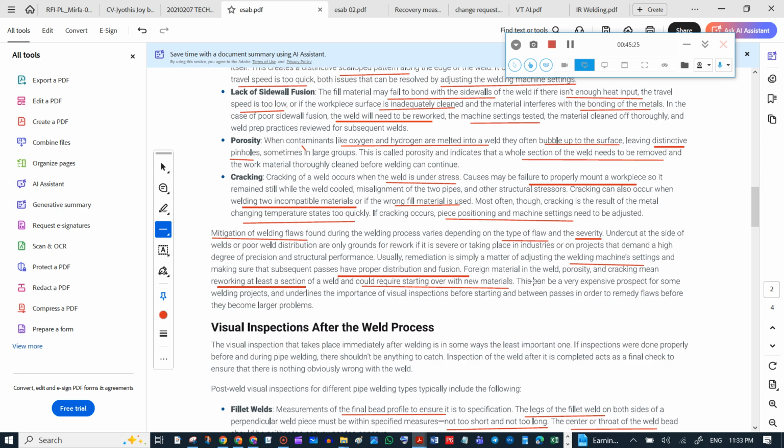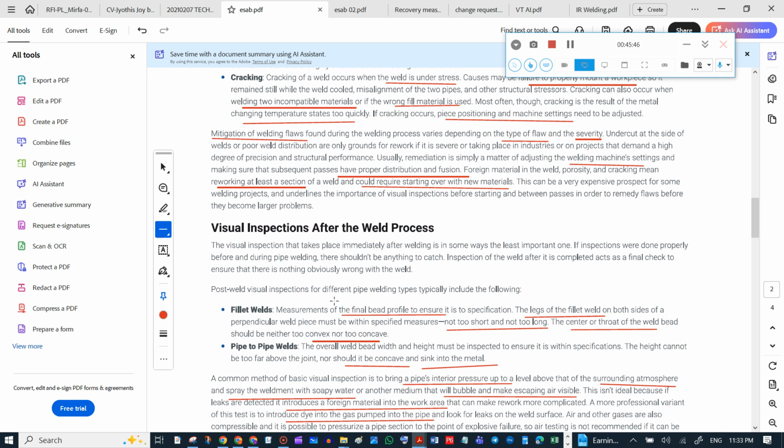Foreign material in the weld, porosity, or cracking means reworking at least a section of the weld and could require starting over with new materials. It can be an expensive prospect in some welding processes and underlines the importance of visual inspections before starting and between passes, in order to remedy flaws before they become larger problems.